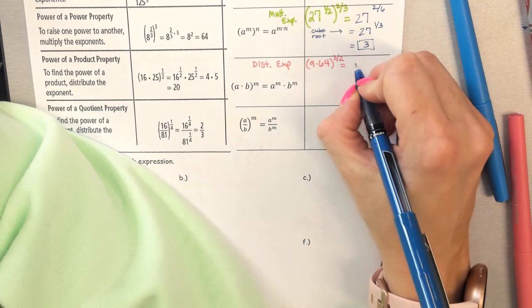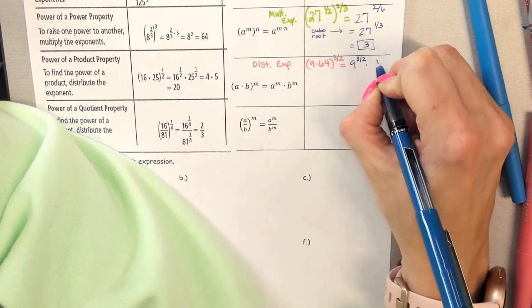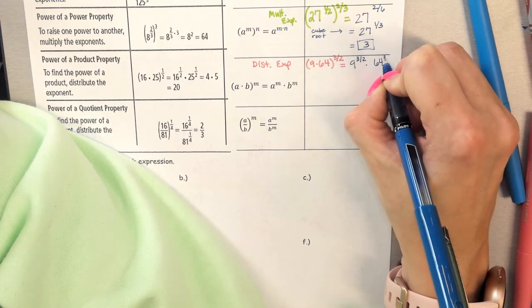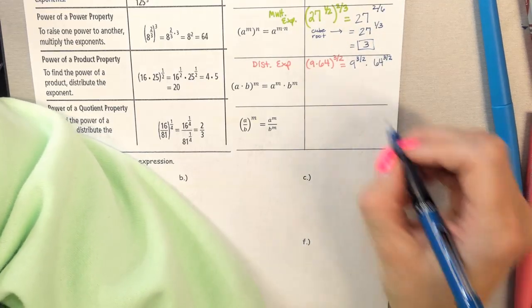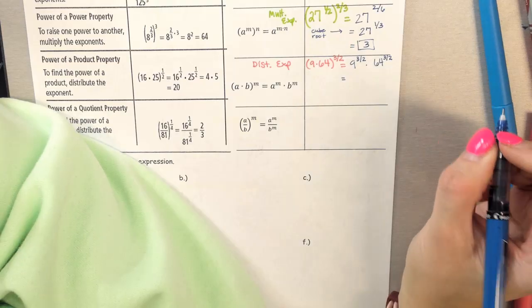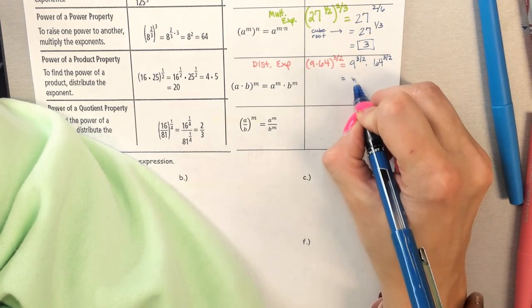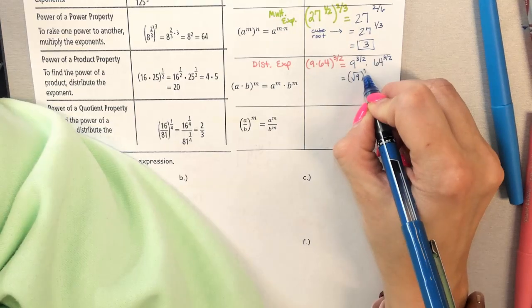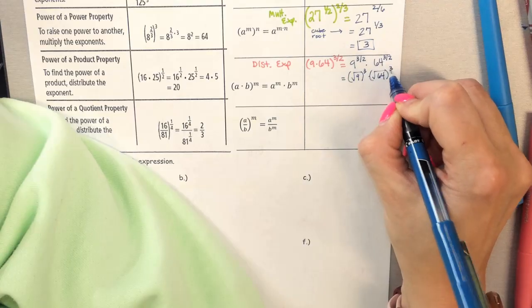So when you distribute, you have 9 to the 3 over 2 times 64 to the 3 over 2. What we talked about today is how that bottom number is a root. So this would be the square root of 9 to the 3rd power, and this would be the square root of 64 to the 3rd power.